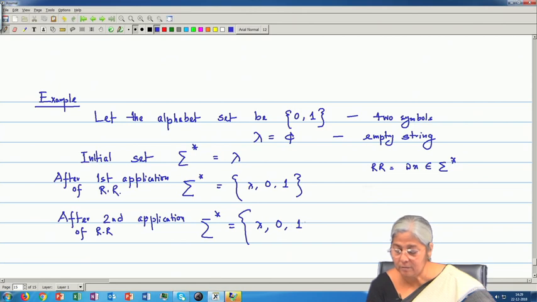So, here x is 0, 1, so I get 00, 01, 10, 11.